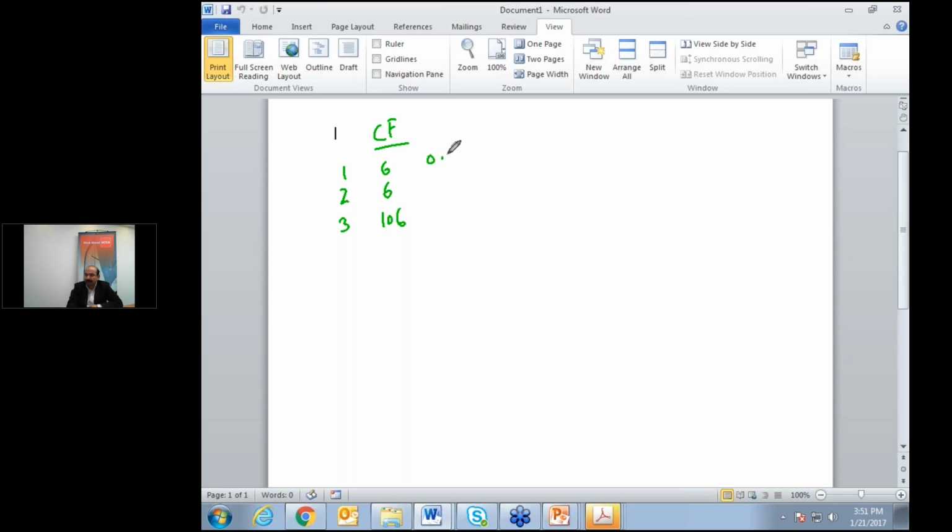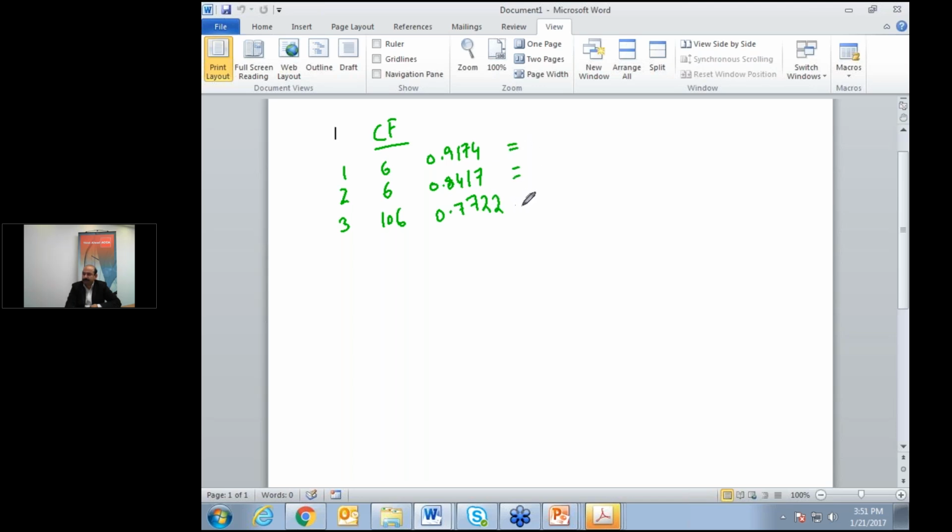So this means first year discount factor is 0.9174, and for the second I have mentioned here the formula: 1 divided by 1.09 for the first year, 1 divided by 1.09 raised to power 2 for the second year, and for the third year it is 0.7722.